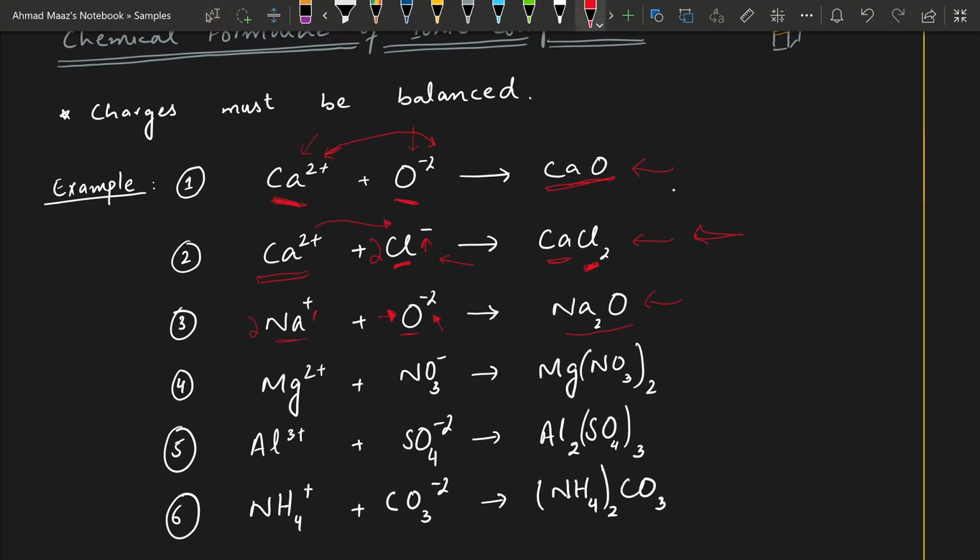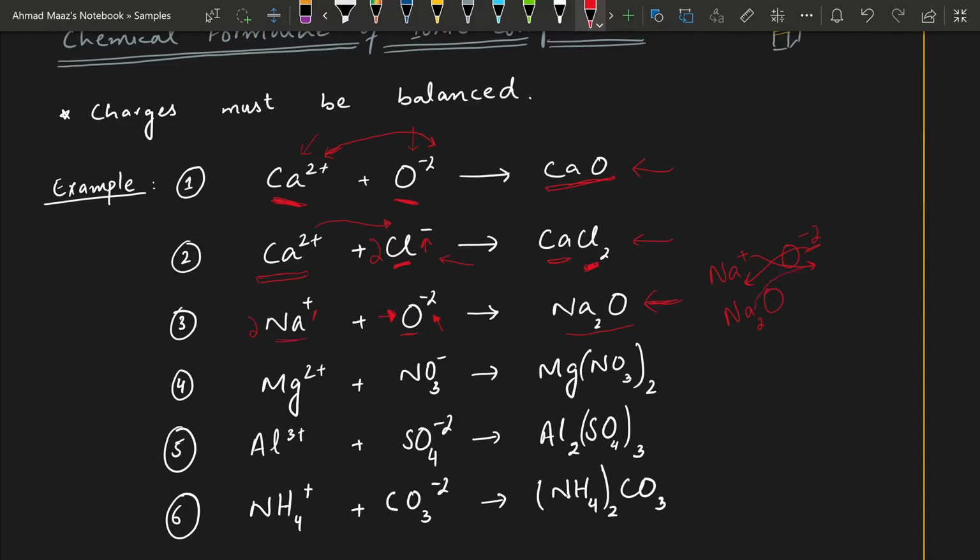So there is a general rule, which is not always true, but we usually follow it. Sodium has a charge of +1, oxide has a charge of -2. So we write the charge of this under the foot of this, and the charge of this over here. We write Na2O.